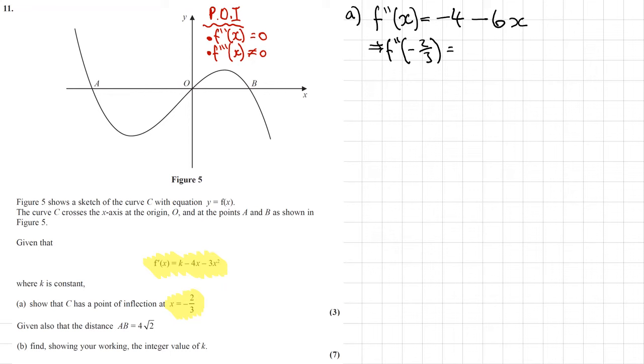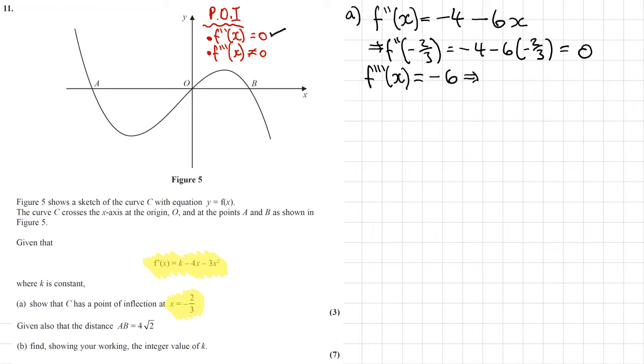So that will give us minus 4 minus 6 times by -2/3. So -6 times by -2/3 is plus 4. So we end up with 0, which is what we want. So we've got the first condition. Then I'll differentiate again. Now I'm doing it one way, there are other ways of doing it. If I find the third derivative, that will just give me minus 6.